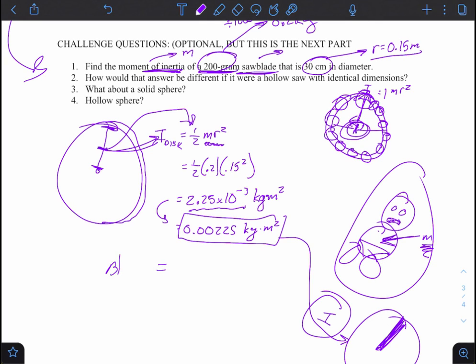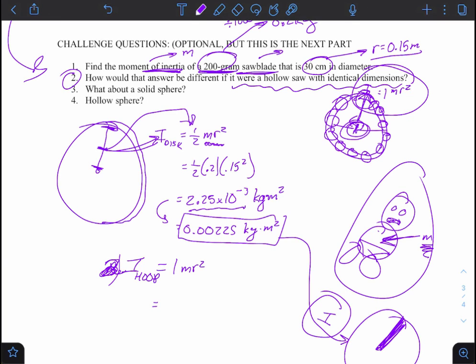All right, part 2B, because I haven't looked at that yet. How would that answer be different if it were a hollow disk? Well, we already said this. The moment of inertia of a hoop, because that is a hoop shape, is 1 mr squared.